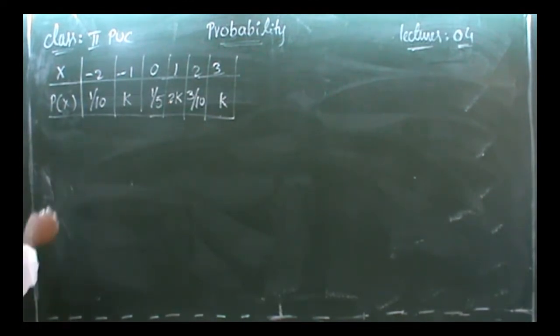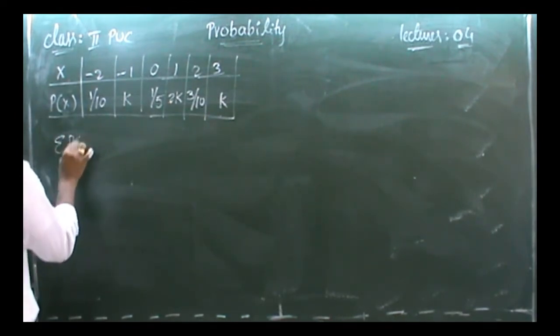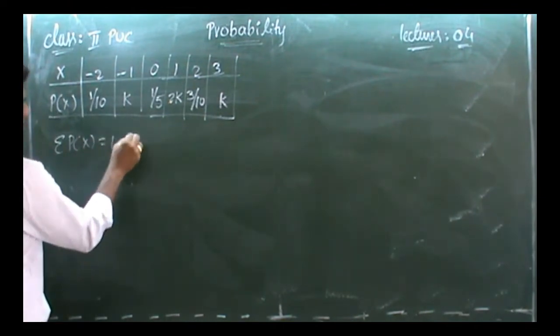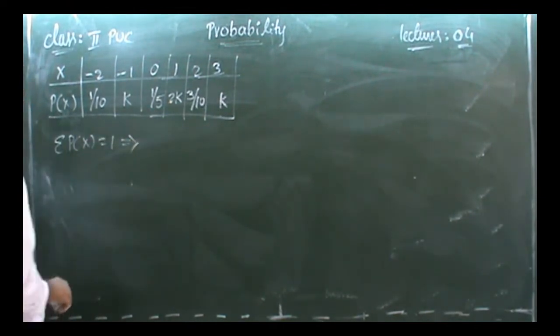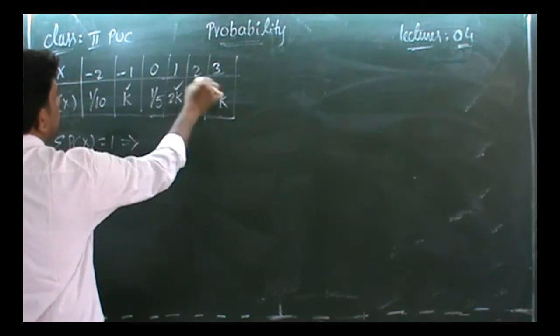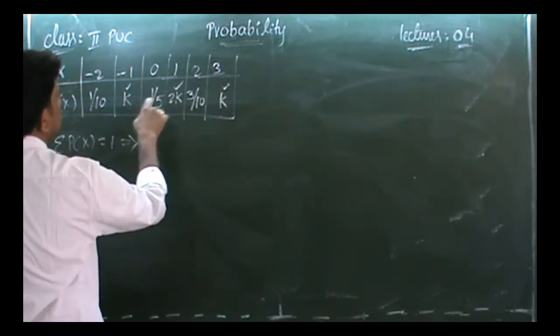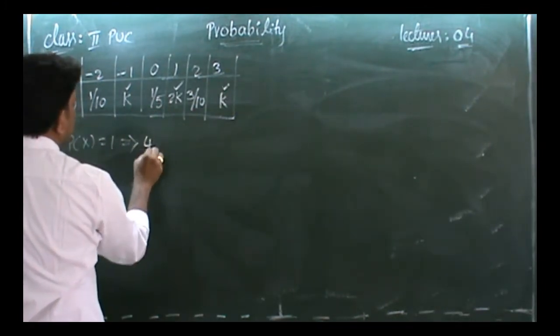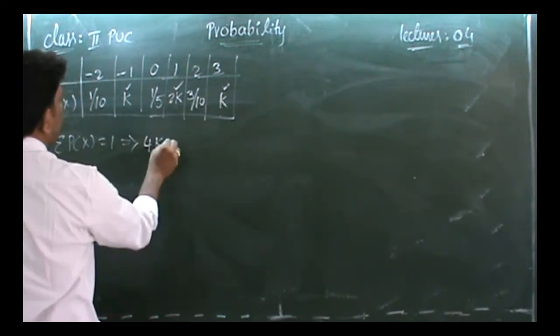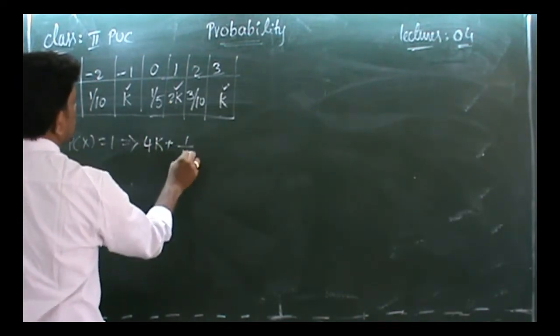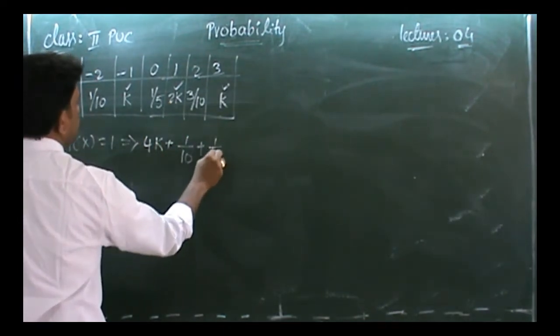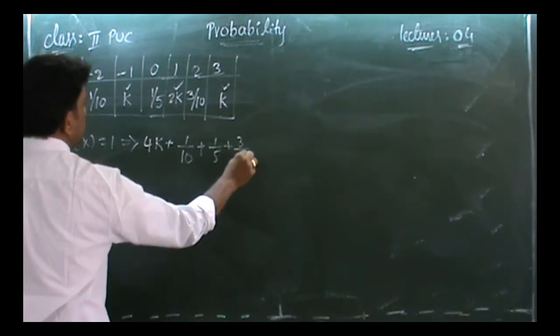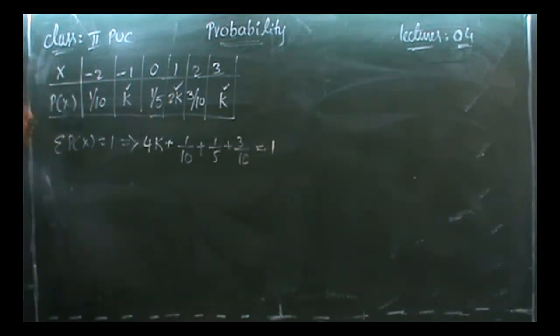Children, we know summation of p of x equal to 1. So summation of p of x equal to 1 means we have to add. Here k is there, 2k is there, k is there. 2k plus k, 3k plus k is 4k. We have to add the numbers: 1 by 10 plus 1 by 5 plus 3 by 10 must be equal to 1.